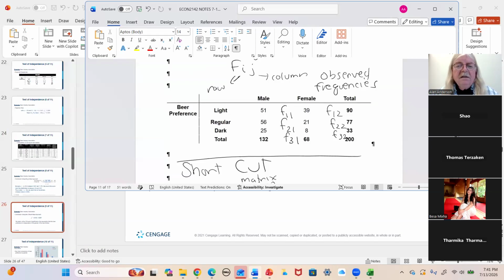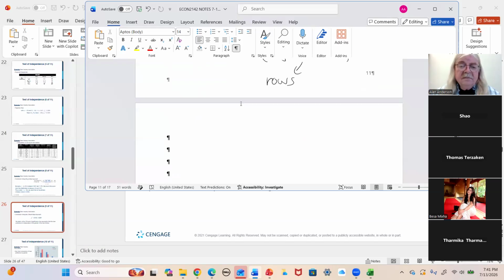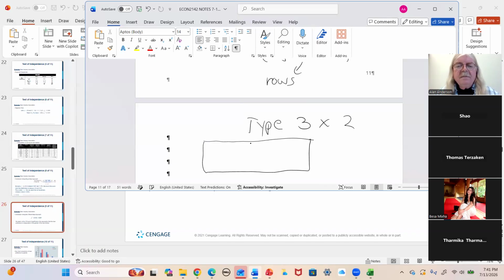Don't count the totals. These numbers here represent a matrix with 3 rows and 2 columns. If you type 3 and scroll over, you don't need to type the X, and you'll see a 3 by 2 matrix where we enter these numbers.